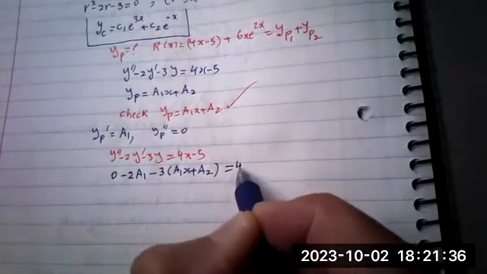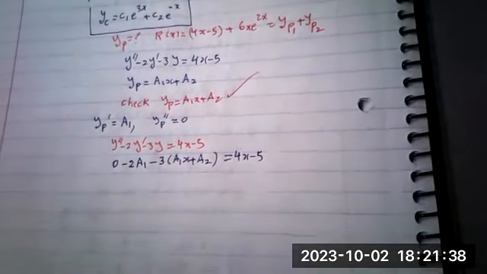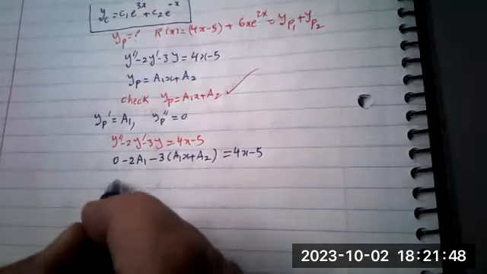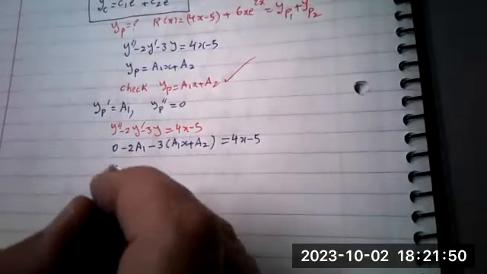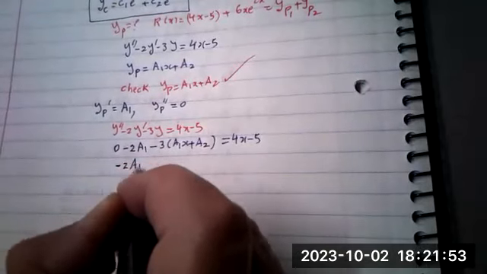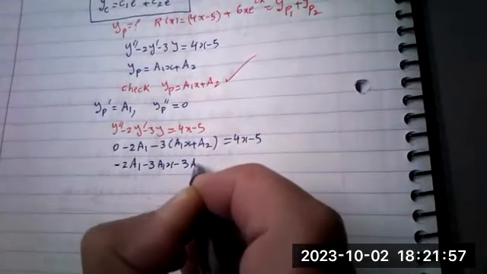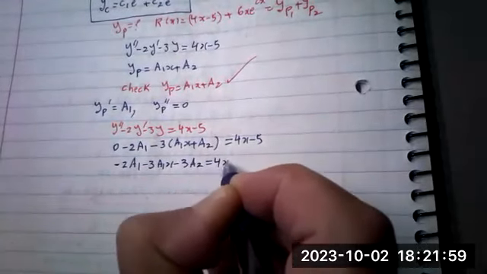And this must be equal to 4x minus 5. So I substitute the yp, y prime, y double prime into the equation. Again, you have to simplify it and let the coefficients be equal to each other. So this is going to be negative 2a1. You distribute the negative 3a1x minus 3a2 equal to 4x minus 5.